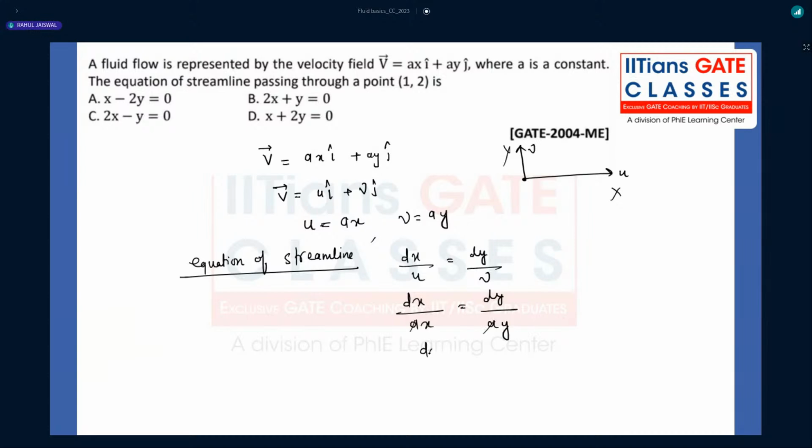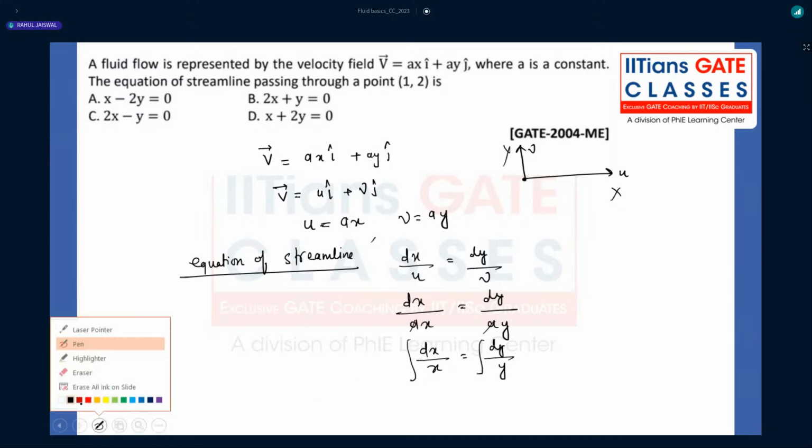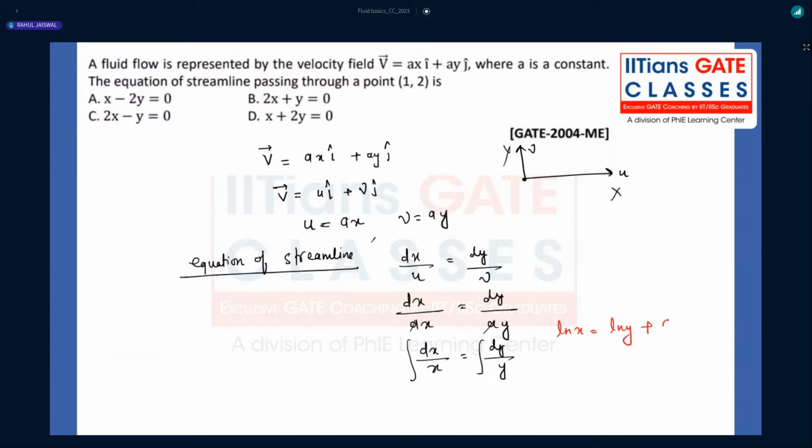So we can write dx by x equals dy by y. If we integrate, we get log x equals log y plus some constant of integration. We can write the constant as log c dash, which is once again a constant. So x can be written as c dash into y.